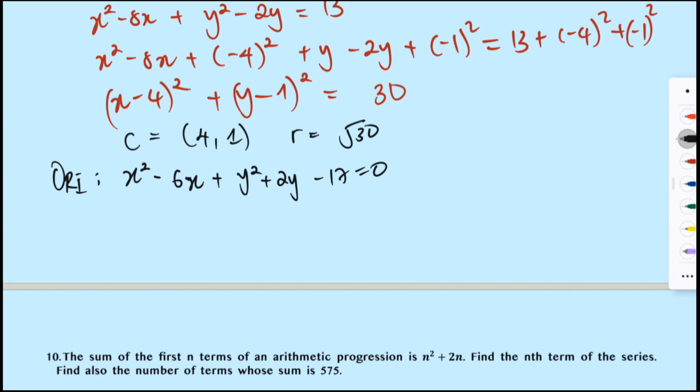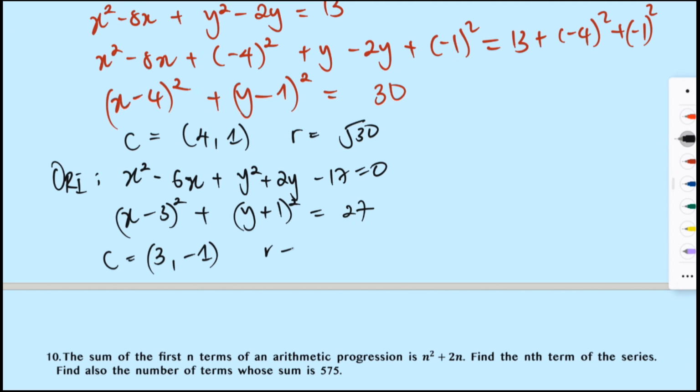Again, using the completing the square method, I don't have to explain a lot again, so (x minus 3) squared plus (y plus 1) squared should be equal to 17 plus 3 squared plus 1 squared, which gives me 27. So 27, just like this. Center (3, negative 1), radius is root of 27.